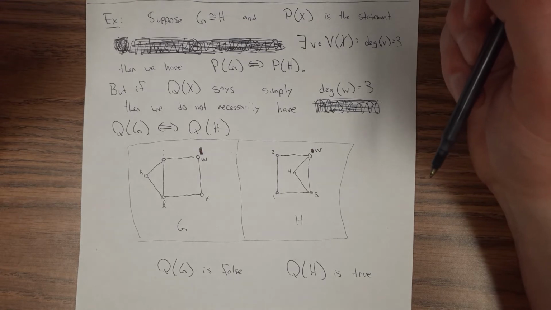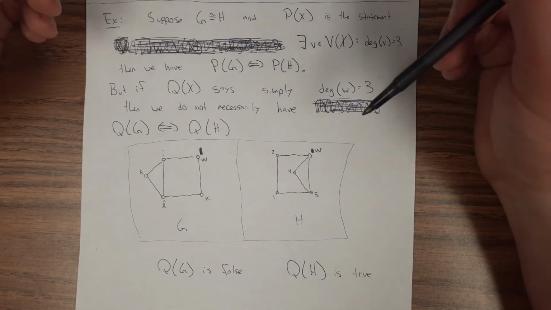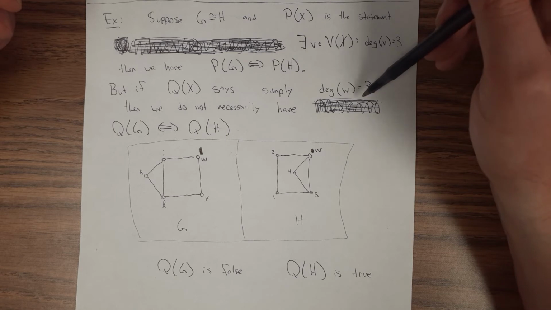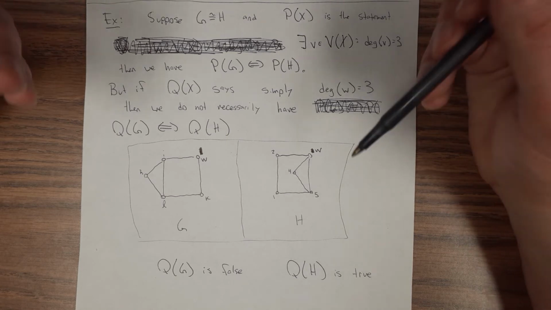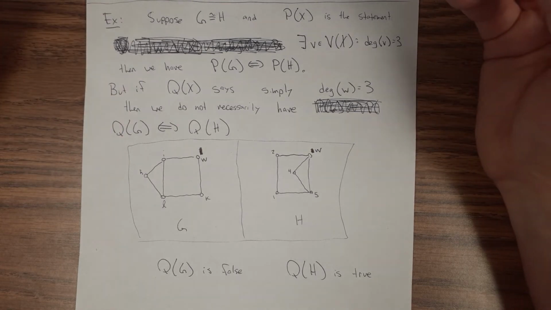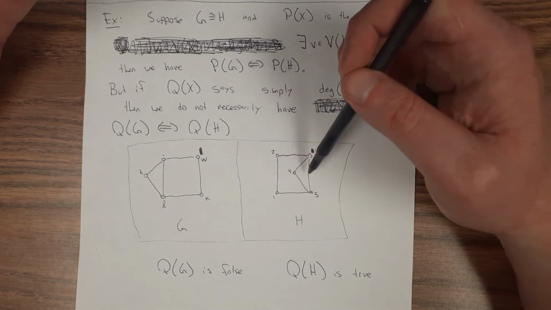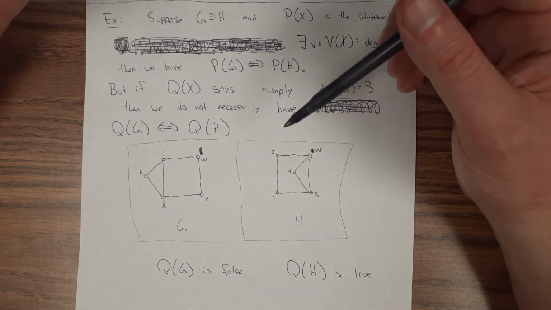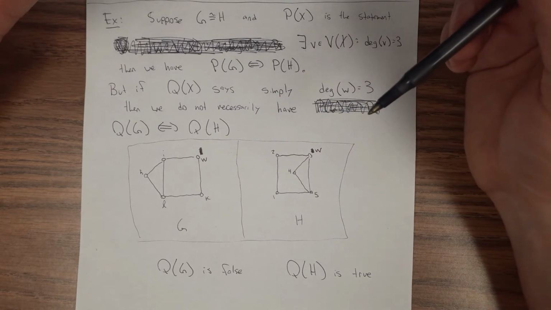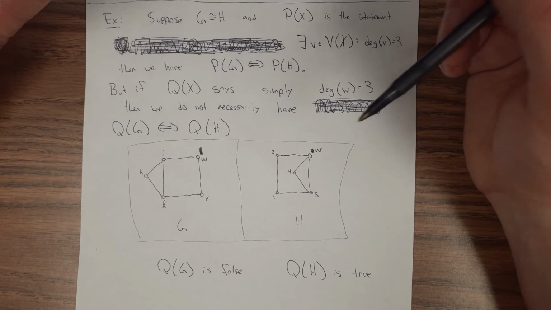And why is that? That's because we already know why. It's because this is a statement with an unquantified variable. And more intuitively speaking here, this is because isomorphic graphs aren't supposed to really care what the names of the vertices are.